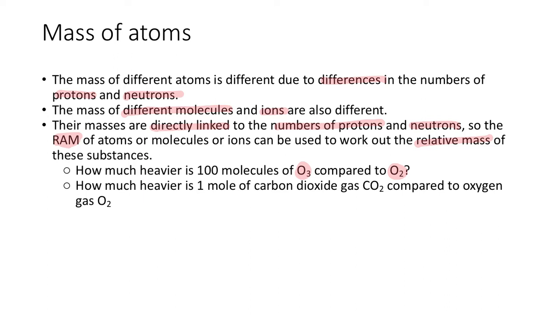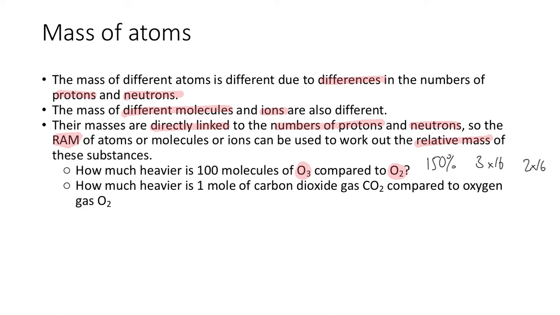Well, it should be 150% heavier because there are 3 lots of 16 in O3 versus 2 lots of 16 in O2. So that's going to be 1.5 times as heavy. That makes sense because O3 is 1.5 times bigger than O2.